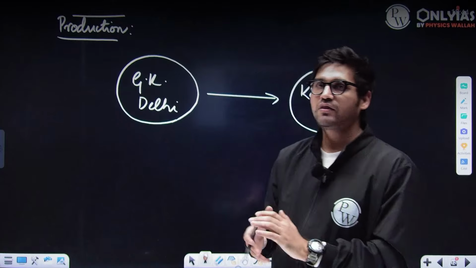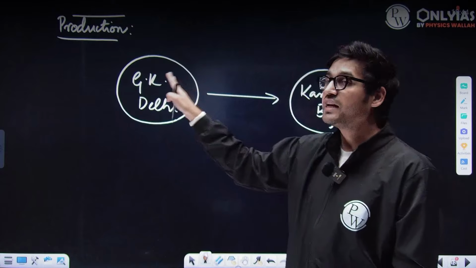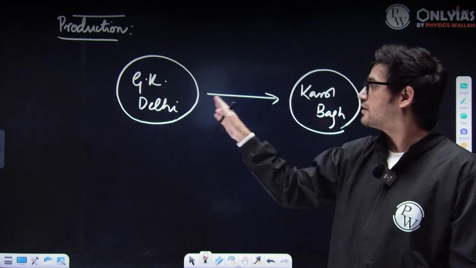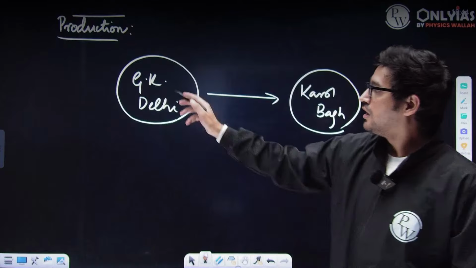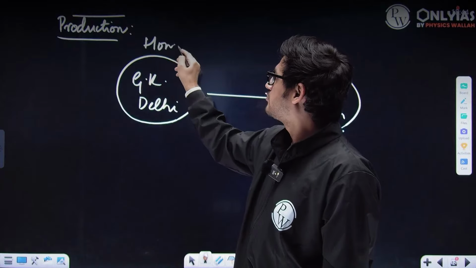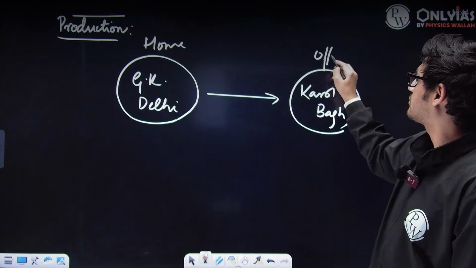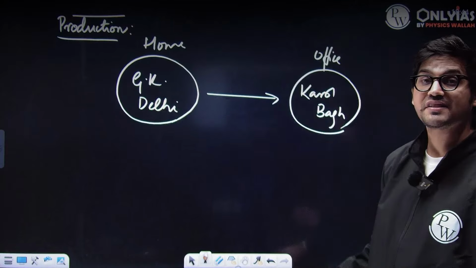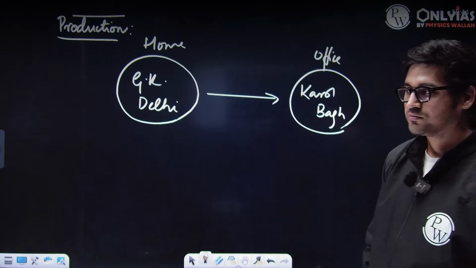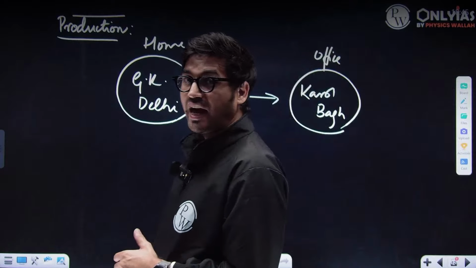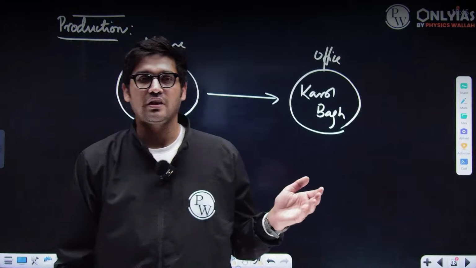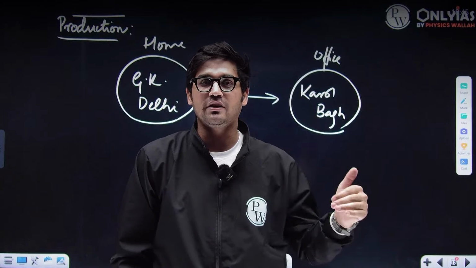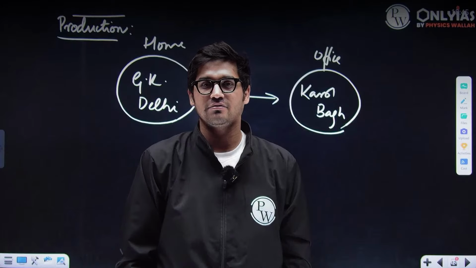If I don't have a car, how will I reach from my house, which is some 17-20 odd kilometers away from my office? This is my home. This is my office. How do I get from my home to my office every day? Right? I can't teleport myself. I can't fly. I can't walk 20-25 kilometers one way every day.